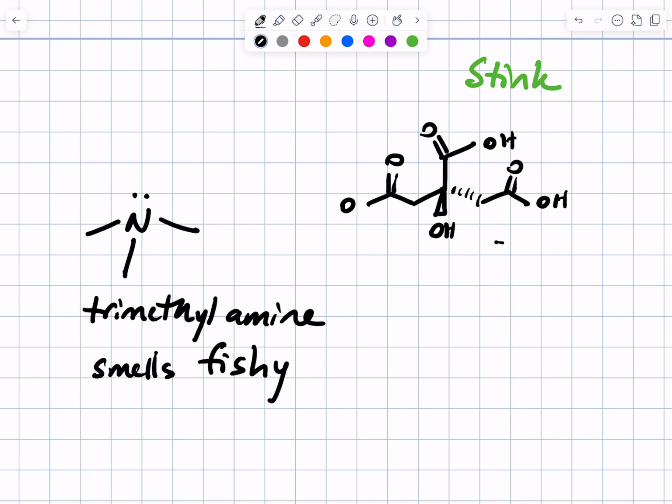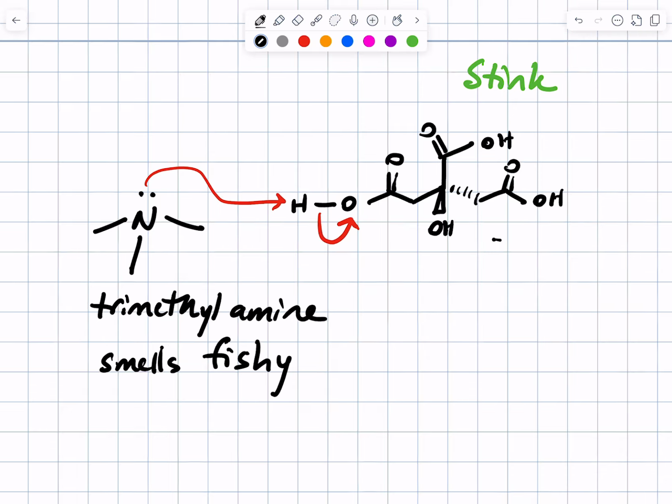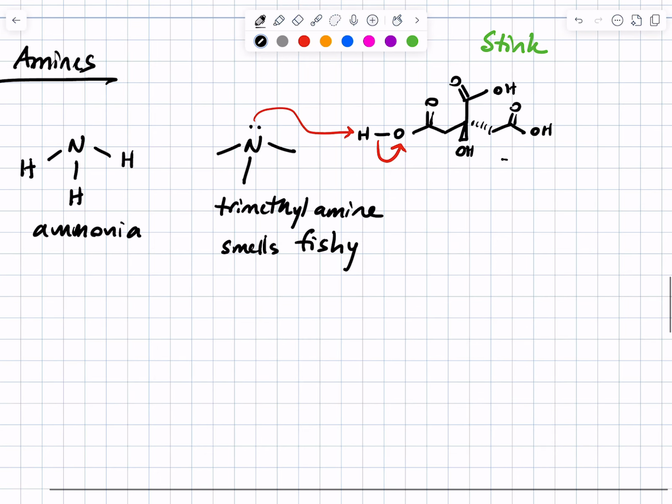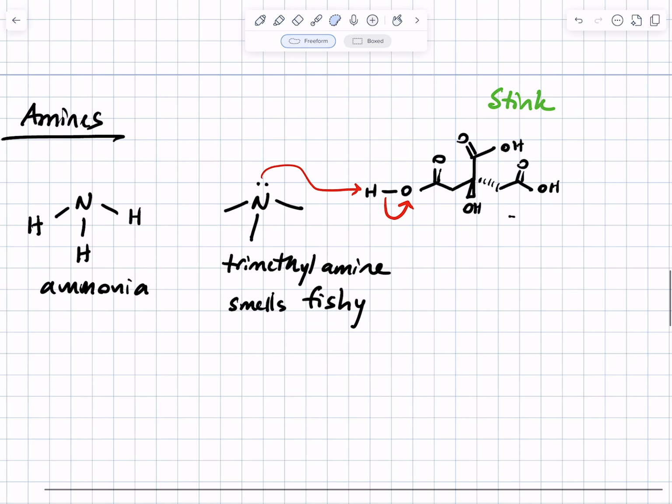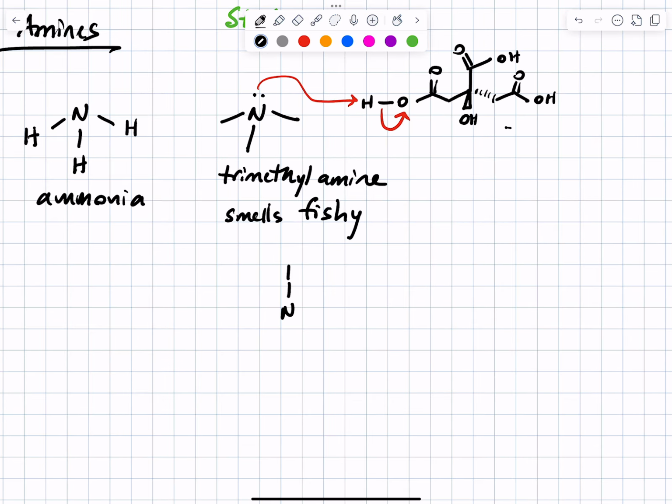And so what happens when you squeeze lemon juice on fish is that at least some of the molecules that smell fishy act as bases and deprotonate at least some of the acid from the citric acid in the lemon juice, and the base gets protonated, becomes positively charged, the acid gets deprotonated, becomes negatively charged.